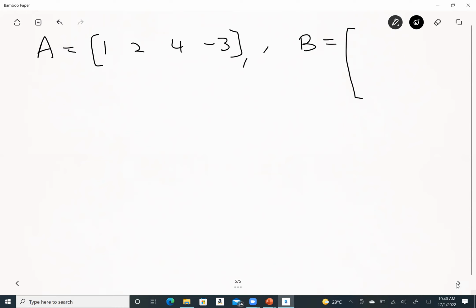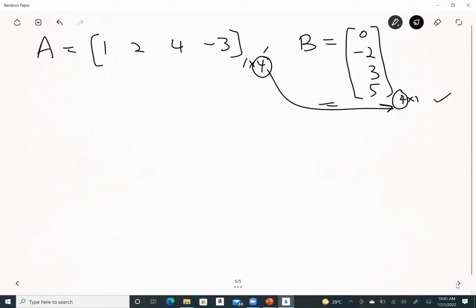Here A is 1 by 4, so the column matrix that we can multiply with A should be 4 by 1. So you have 0, -2, 3, 5. You see here, 1 row, 4 columns, and here I have 4 rows, 1 column. So you can multiply, because the number of columns here equals the number of rows.